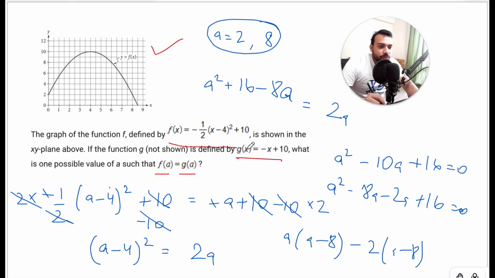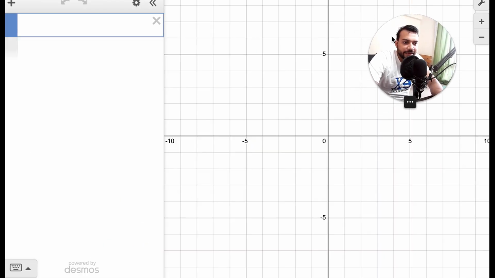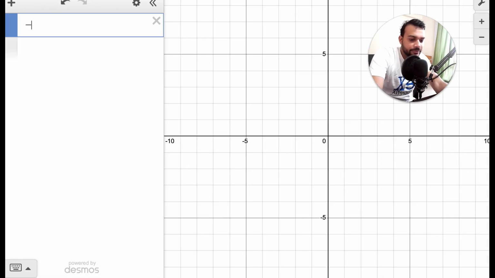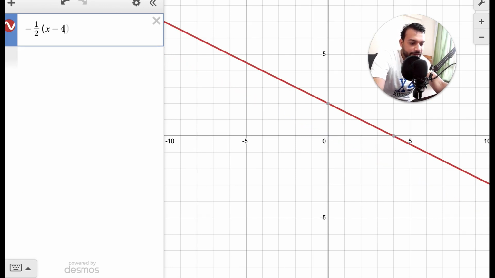The other way is to go by the Desmos graphing calculator. We can see that as well. This here is the Desmos graphing calculator. So we'll insert the equations one by one in this calculator. First equation is negative half x minus 4 squared plus 10.